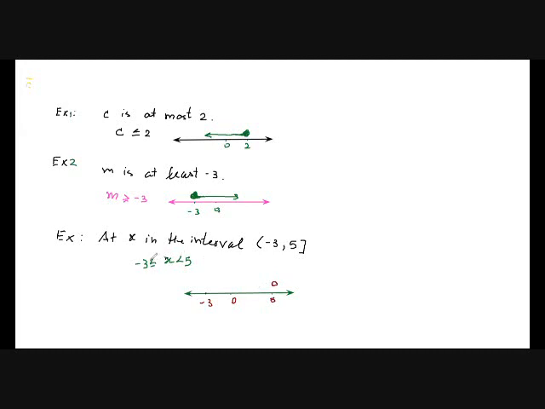And -3 has the equal sign, so this one should be a closed dot. So then we draw the number line. This represents this expression, x in the interval, in this way.